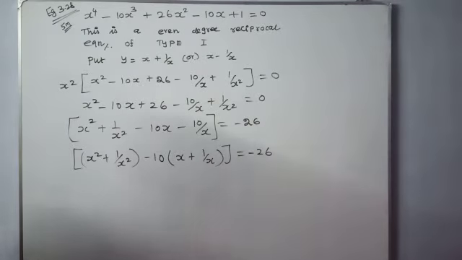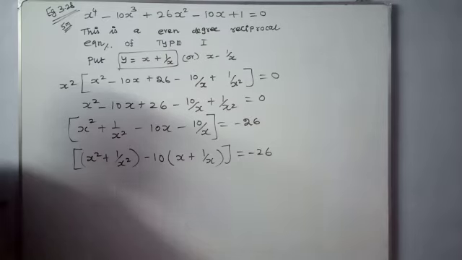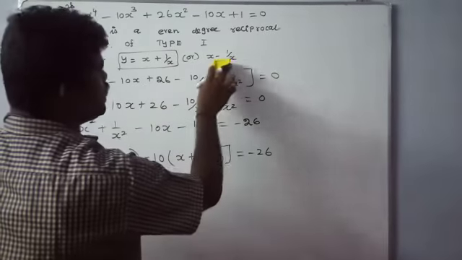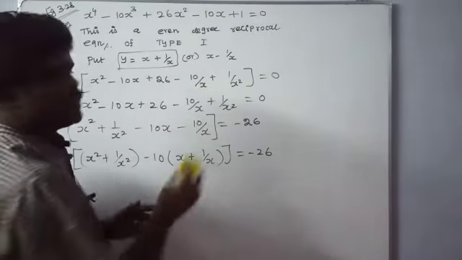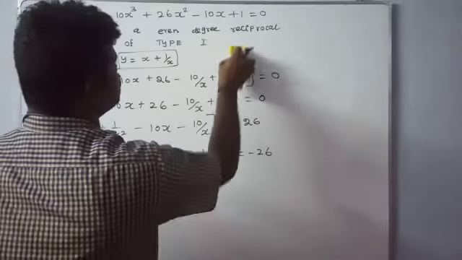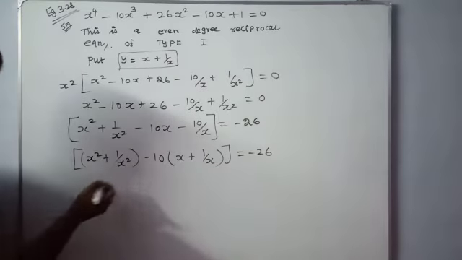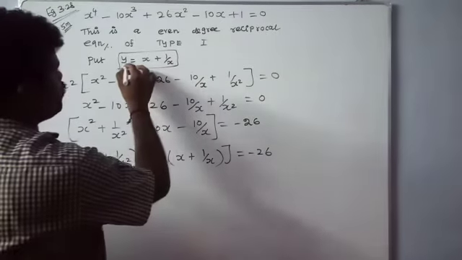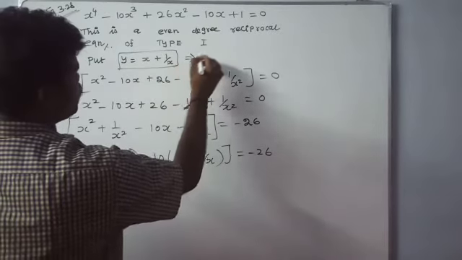Okay, right. Now we want to put y is equal to x plus 1 by x, and we don't need x minus 1 by x because this sum will come in x plus 1 by x form. So we neglect this term, and x square plus 1 by x square is what? If y is equal to x plus 1 by x, squaring on both sides.